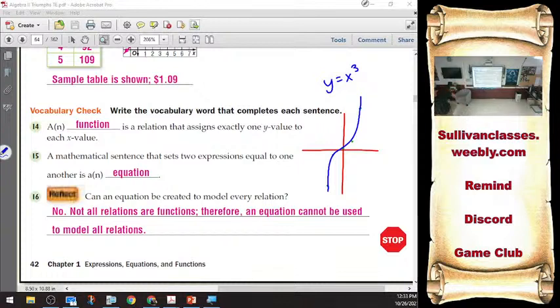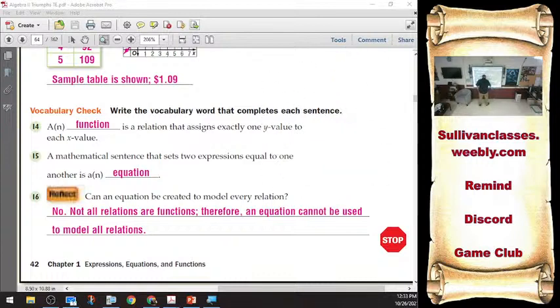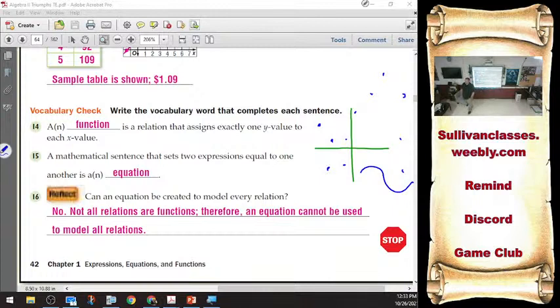Yeah, I can do that. What happens if instead of that, the mapping that I give to you looks like this? Can you make an equation for that?